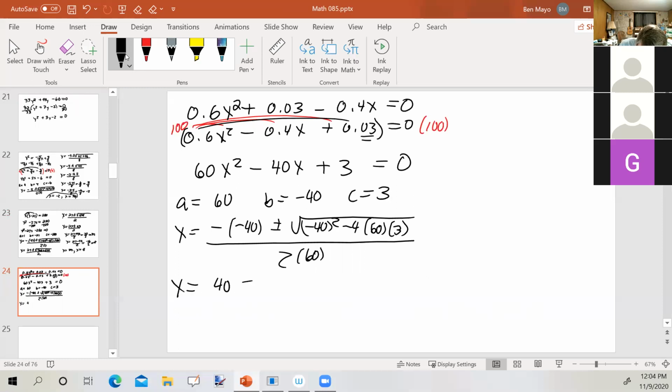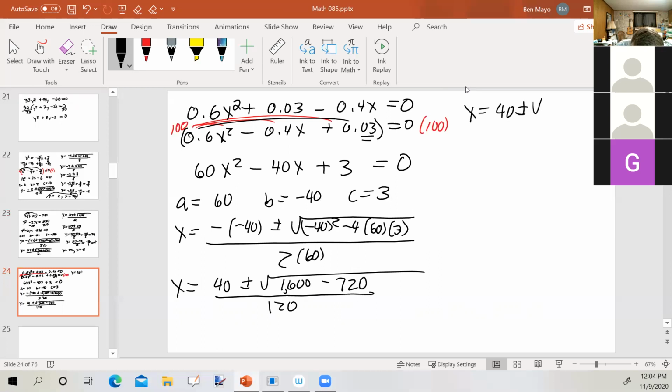X equals 40 plus or minus the square root of 1600, since 40 times 40 is 1600, minus 4 times 60 times 3, which is minus 720, all over 120. So x equals 40 plus or minus the square root of 1600 minus 720, which is 880, all over 120.